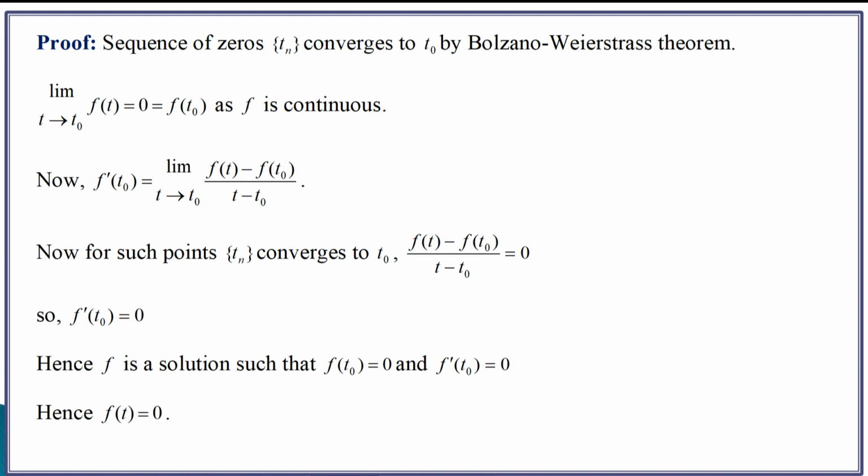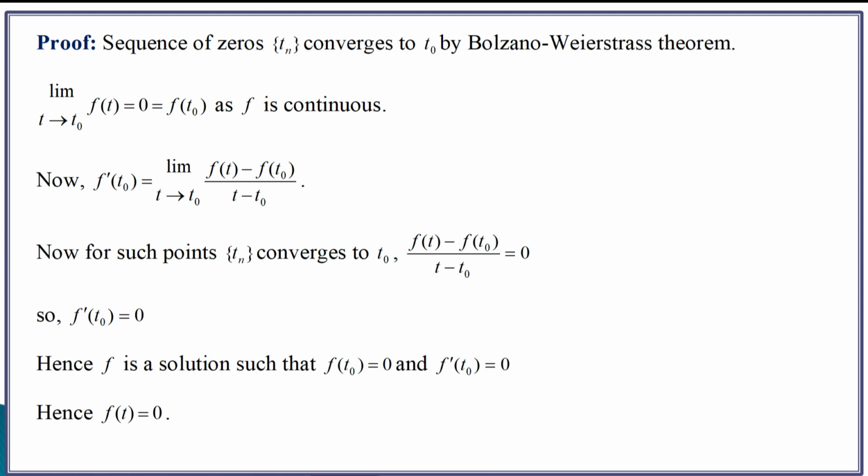Now we have also assumed that the derivative exists. So what is f dash t0? This is f dash t0. If we look at the definition of the derivative, we see that as t tends to t0, this limit should exist. So we can approach t0 by our choice of points.